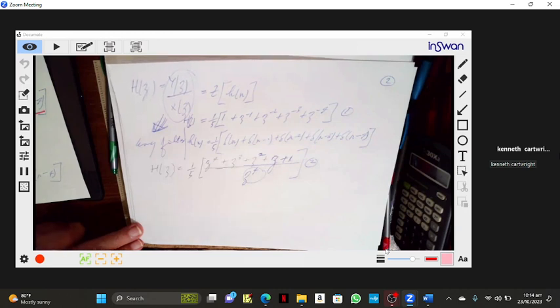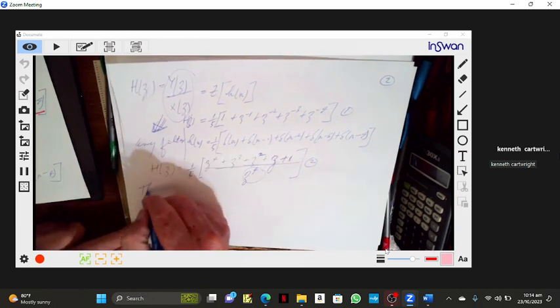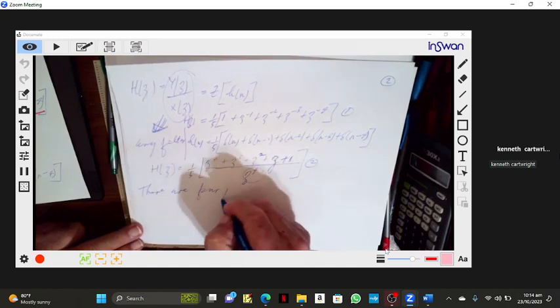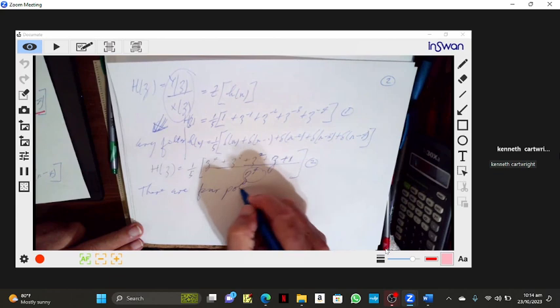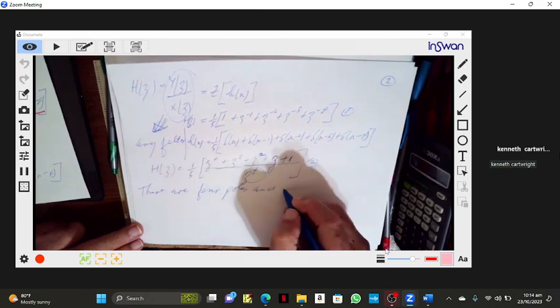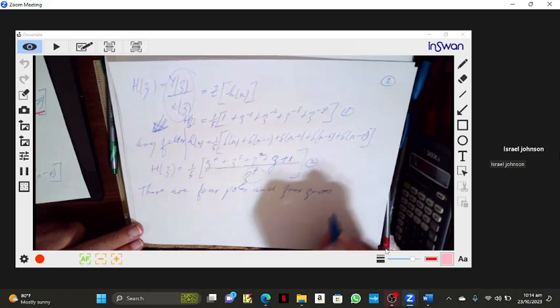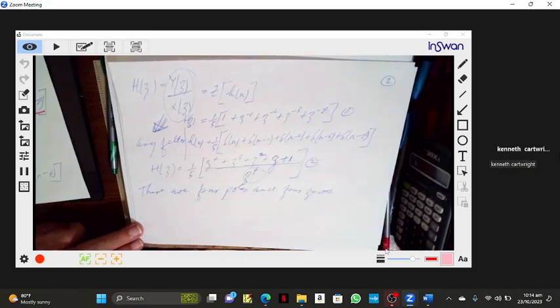Where are all the poles? There are 4 poles. And by the way, 4 zeros as well. You said the power in the denominator determines the amount of poles. Yes, exactly what he said.